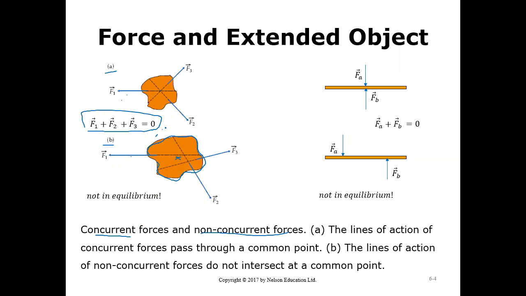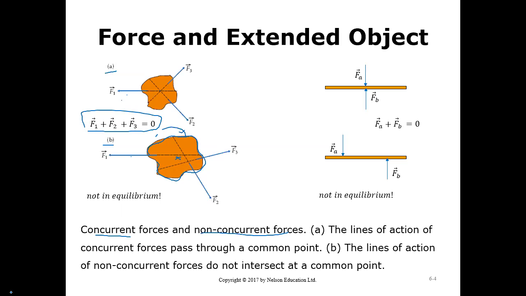So it will do a rotational motion, and those forces will have a turning effect on this object. Although it is not going anywhere, the center of mass will be fixed in one place, but it is going to start spinning around that center of mass.